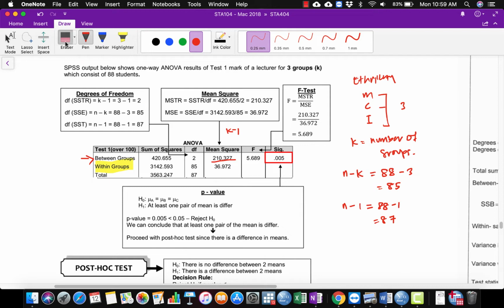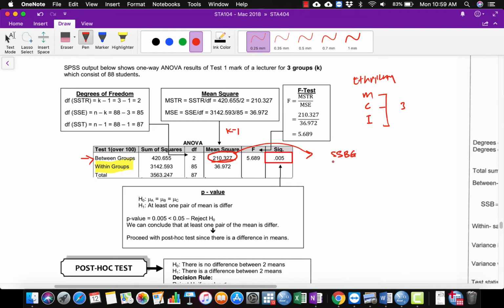So let me clear this first, we don't have enough space. If you want to get the mean square for between group, you take the sum of squares between group divided by the degrees of freedom for between group. So it equals 420.655 divided by 2, and you get 210.327, right?